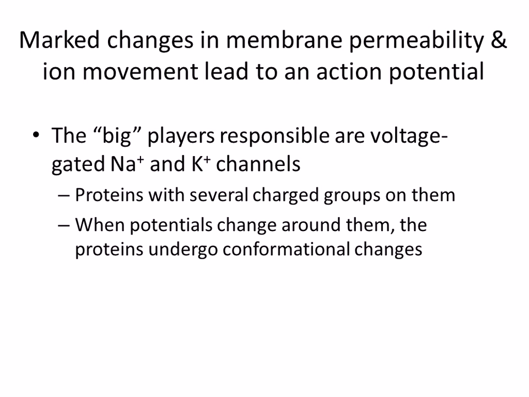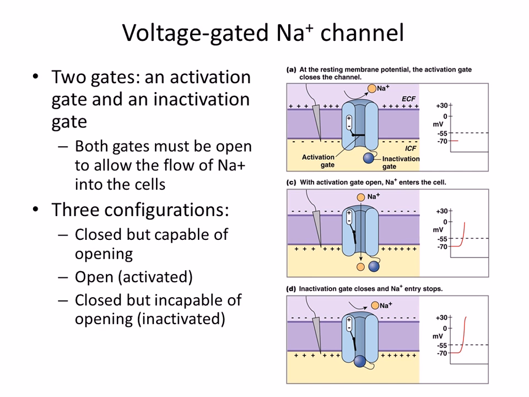They have several charged groups around them, and so when the ions start passing through and start changing the membrane potential, that's why they change their shape and why they're able to open up. Now, we have to talk about these because understanding how these channels work allows you to understand why we get the type of activity that we do.